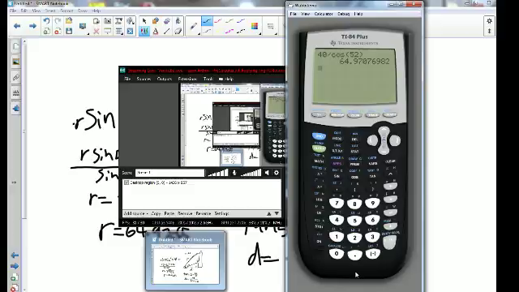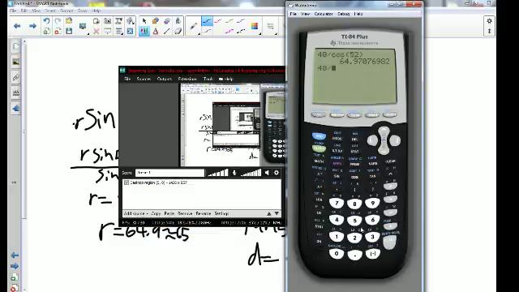Okay, so then you plug that in, so you have 40 divided by tangent of 52 degrees. Enter, and that's about 31.